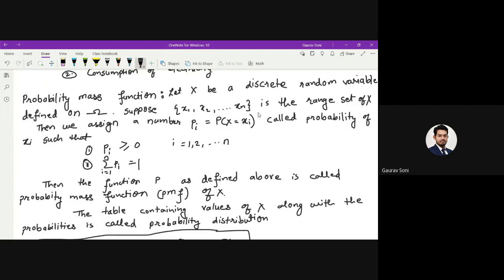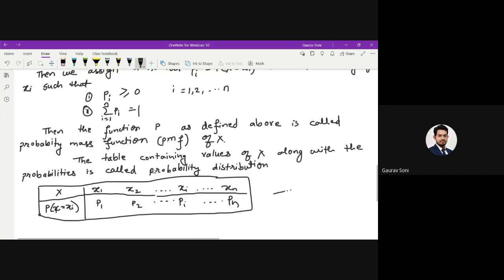The probability mass function will assign a probability to each value of the random variable, and it should satisfy two conditions: each value should be greater than or equal to 0, and the summation of all the values assigned to the random variable is equal to 1. Such a function is called the probability mass function.